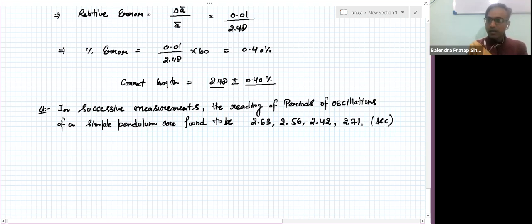And one more value, it's 2.80 second. All the values are in seconds.